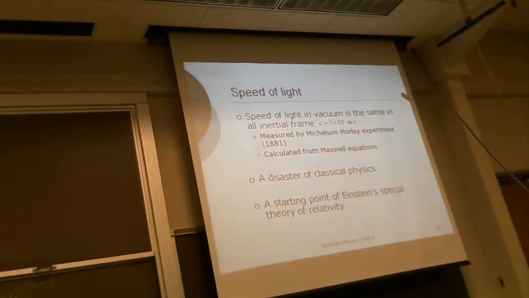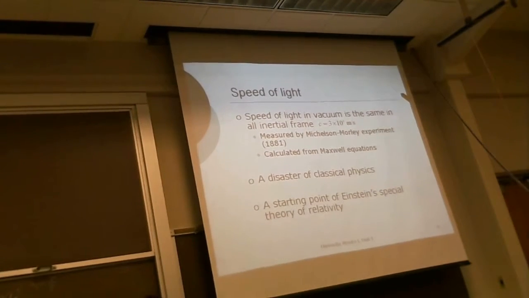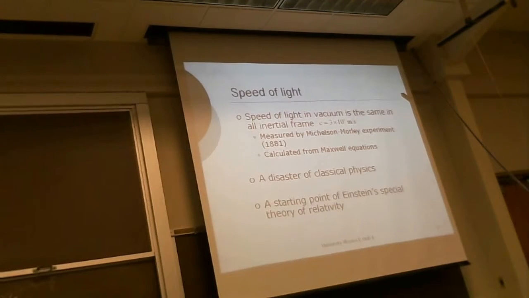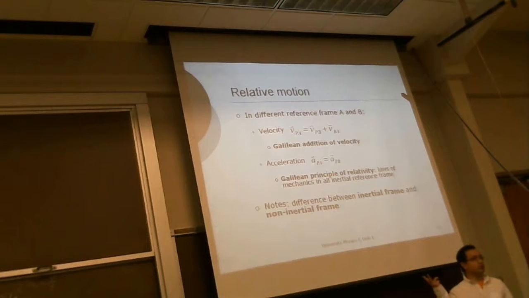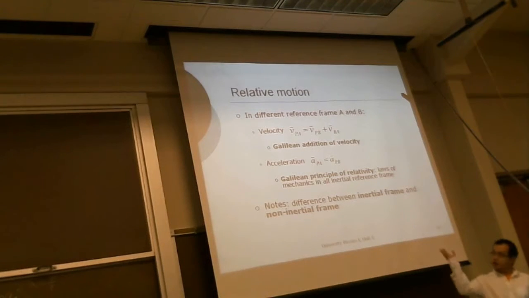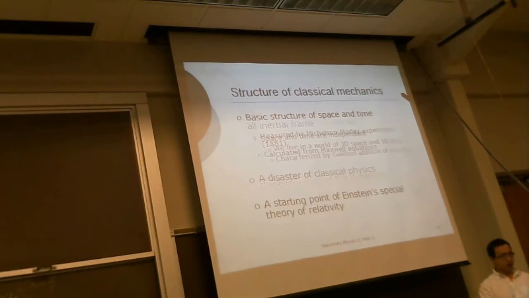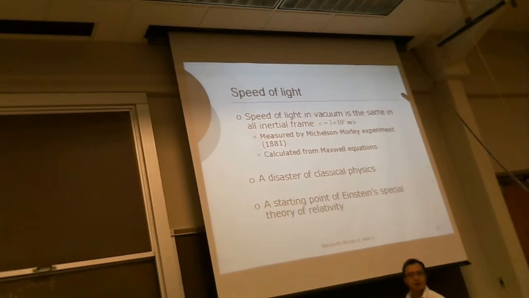So we believe this is true, but that's a disaster for classical physics. Think about it. We say that in two different frames, the velocity should be different, v_A should be different from v_B, because you have to add the velocity of the frame. The frame may not move, but the speed of light doesn't satisfy that.